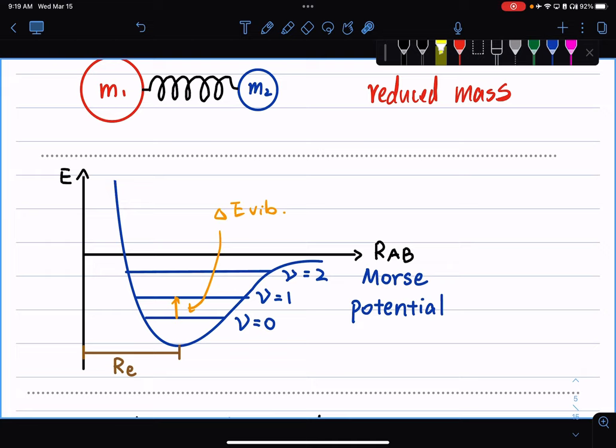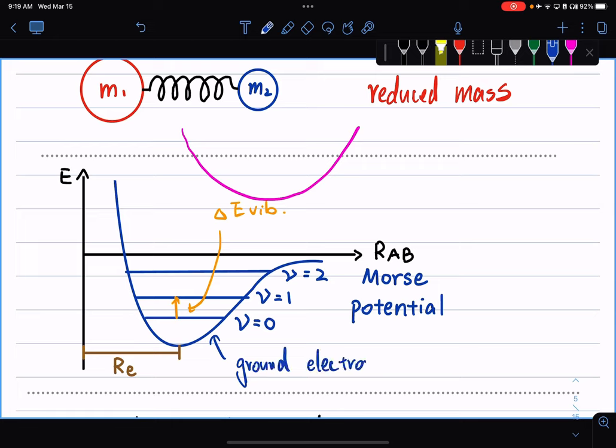My first excited electronic state will also be a curve like this. On the bottom here, that's my ground electronic state, and here we can have our first excited electronic state.